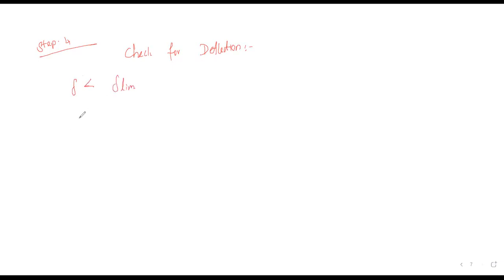So delta due to UDL plus delta due to point load is what we have to calculate. Delta due to UDL has the formula 5WL power 4 divided by 384 EI. Similarly, delta due to point load is WL cube divided by 48 EI, where W is the working load.